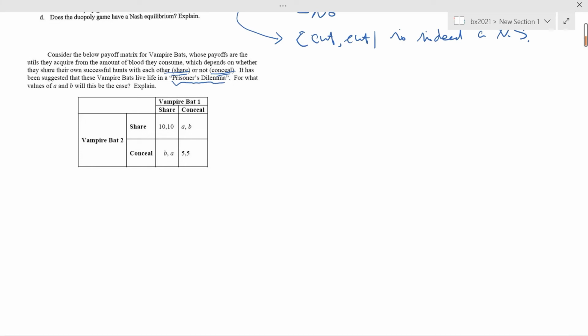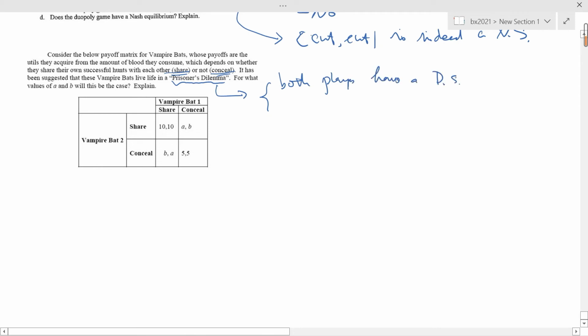Okay, we want this to be a prisoner's dilemma. We need 2 things. First, both players have a dominant strategy, and the dominant strategy equilibrium is not the best outcome. So there's a better outcome that cannot be achieved there.